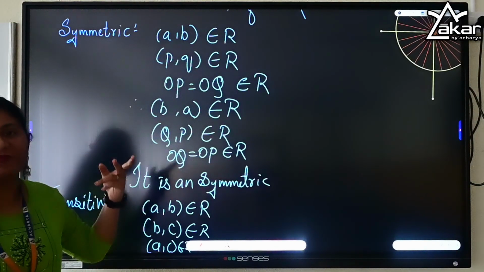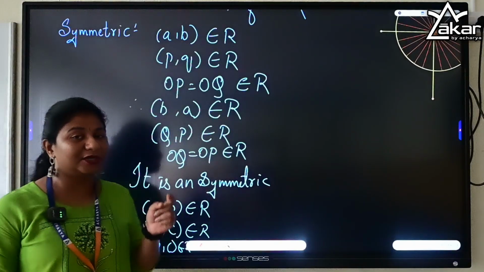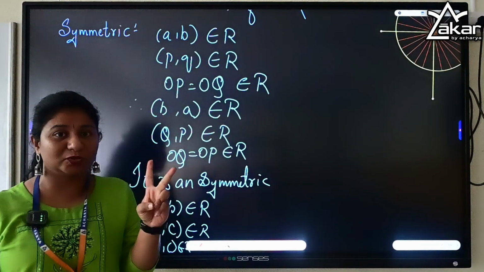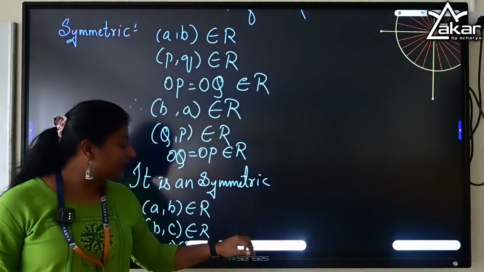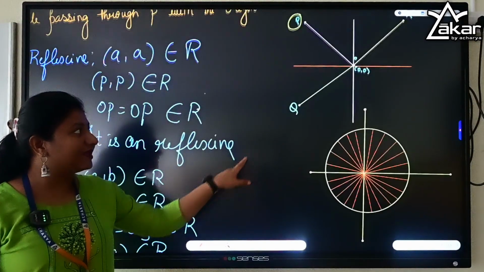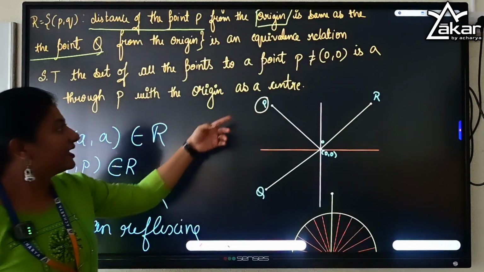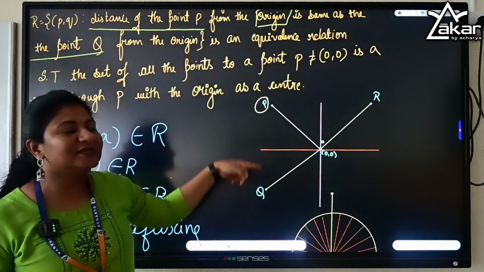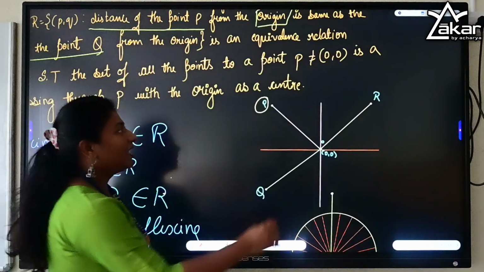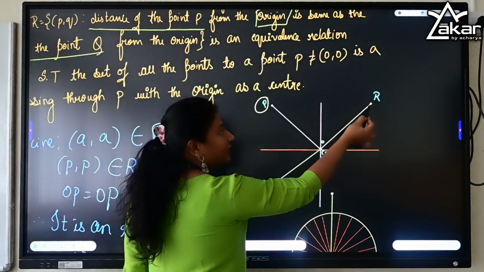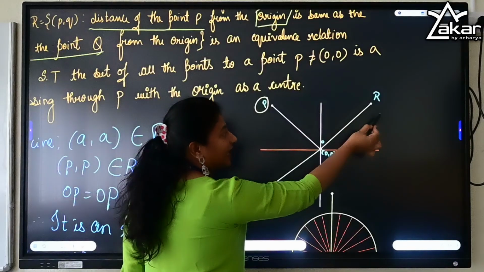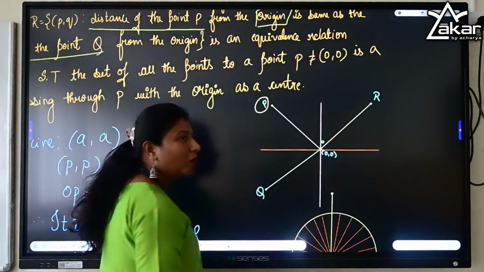In the first two conditions we considered only 1 point and 2 points. Here we need to consider another point R in the plane: if both points are equal in distance to each other, then the other point will also have the same distance from the point O.